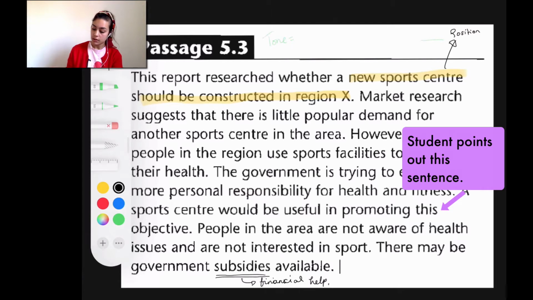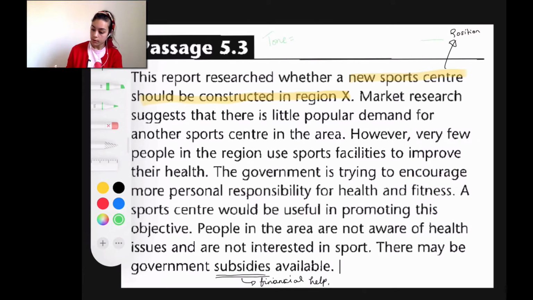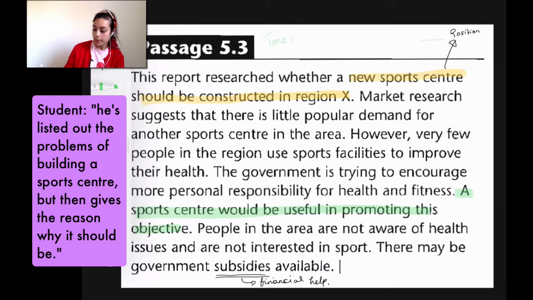Yeah. So now this is what he's suggesting. But what's he done in the previous sentences? Problem.